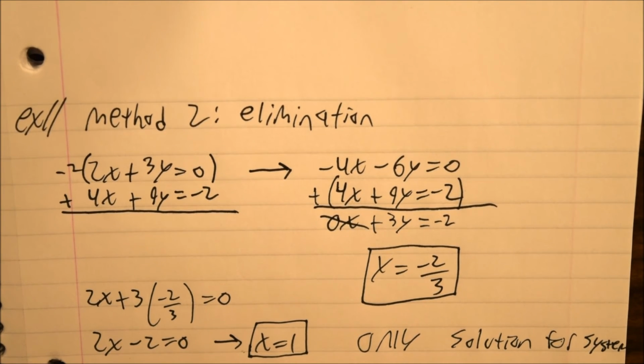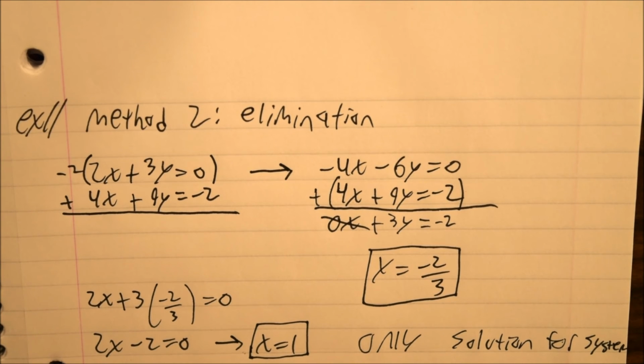These are the only two numbers for x and y that I can plug in to make both equations true. And that is how you do the substitution and elimination methods. In these problems we're working on systems with one solution. I hope you enjoyed the video. Make sure you watch parts 2 and 3 to learn how to do infinitely many solutions and no solutions. Thanks. Bye.